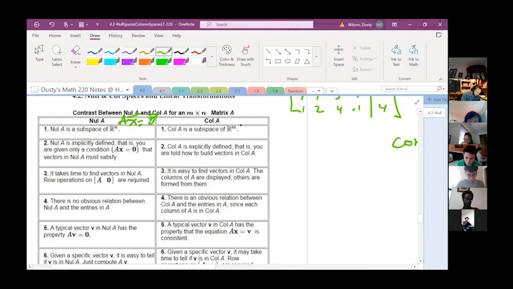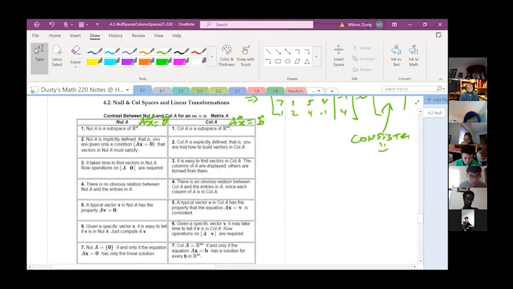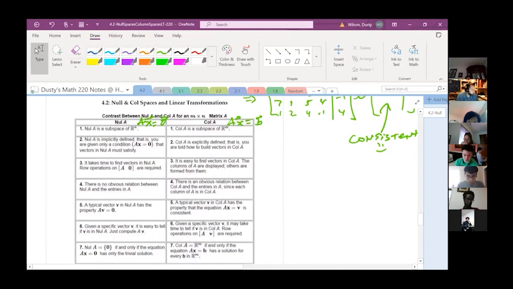For example, if I was reading the headers, I would say, I'm trying to contrast between the null space of A and the column space of A for an m by n matrix A. The null space of A refers to AX equals 0. The column space of A refers to AX equals B.